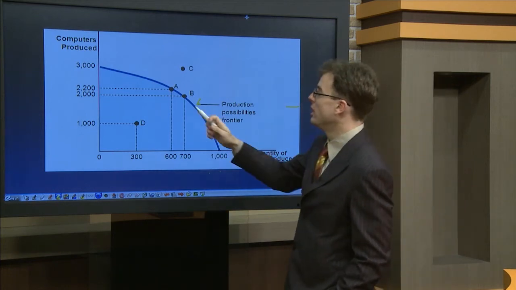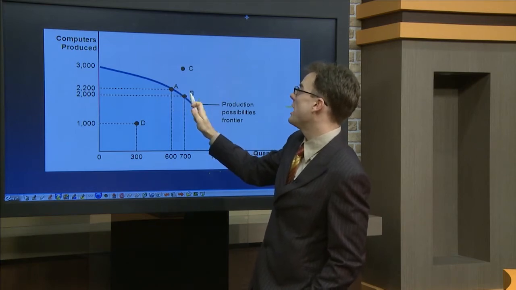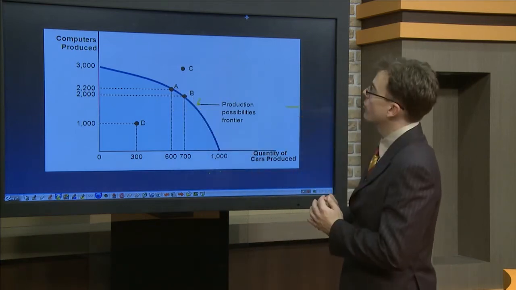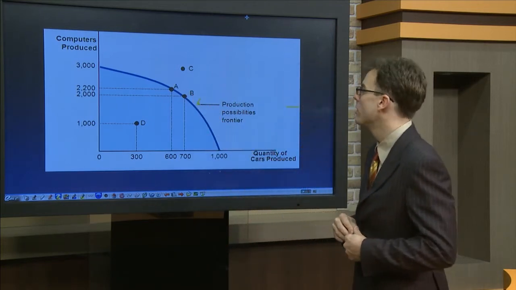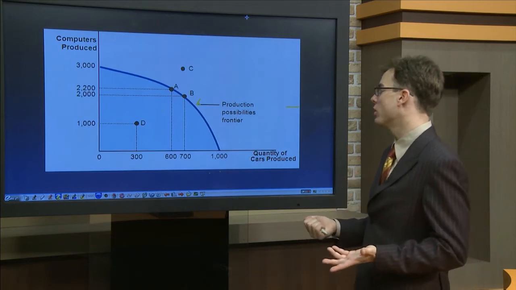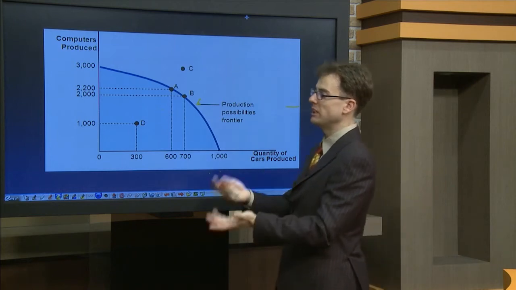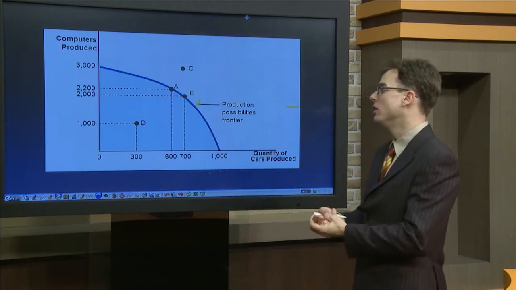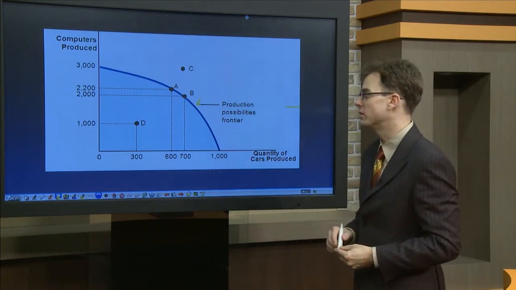In particular, we cannot say anything about the comparison of point A and point B. We can only say that both of these points are efficient and feasible. We would have to say something more about what consumers prefer to buy or what companies prefer to sell to decide whether point A or point B would be produced at the end.